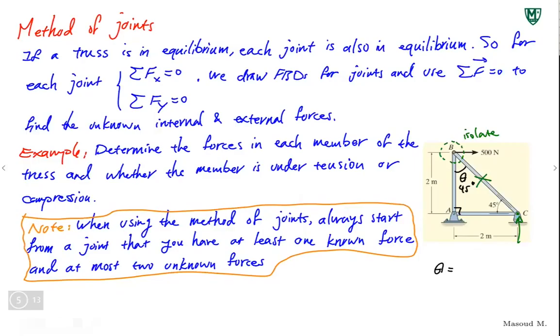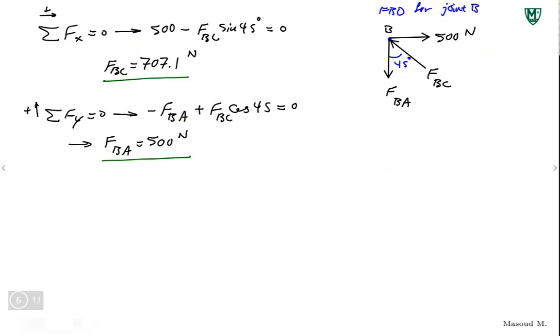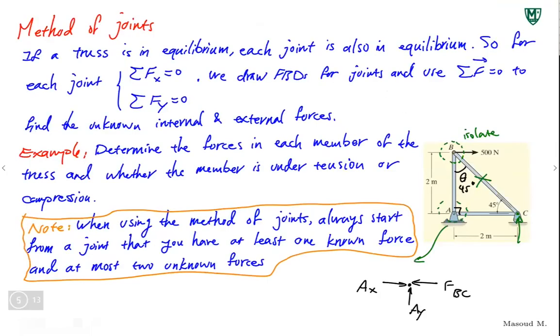Let me draw the free body diagram for this. Isolate this, take it here. Let's see what we have there. At point A, I have A_X, or A_Y better to say. This is A_X. I have F_BC, which I don't know what it is. And I have from BA, right? We said BA is under tension, so the direction of the force on BA would be this way.